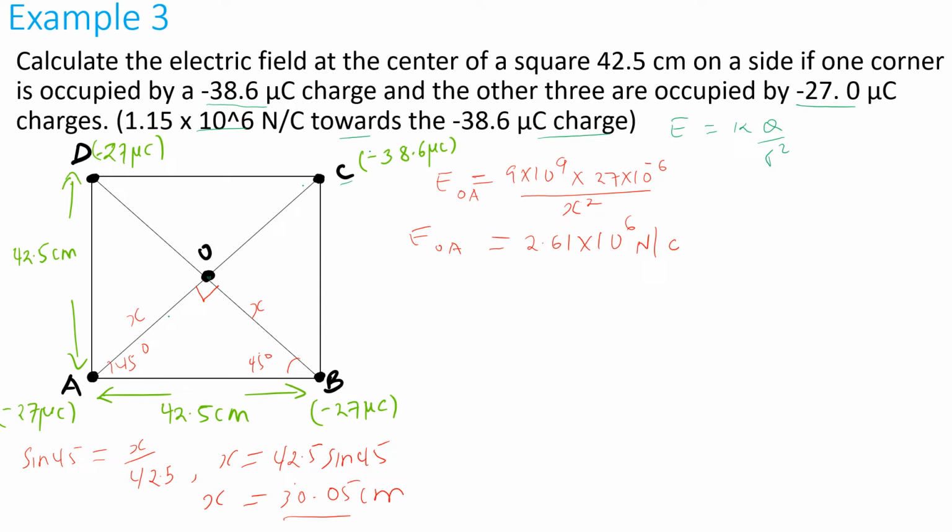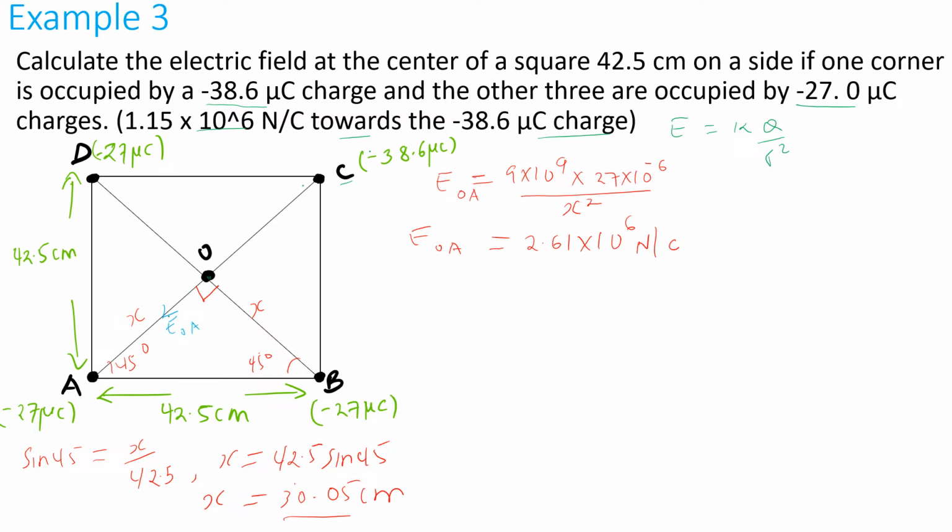Before we go there, let's see the direction of EOA. At A we have a negative charge, so the electric field should go into a negative charge. So that is EOA.